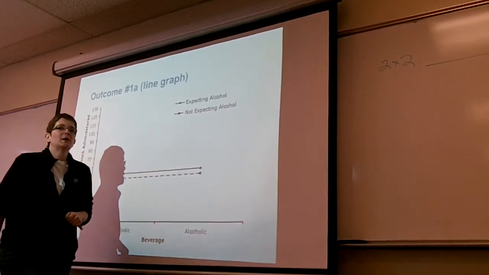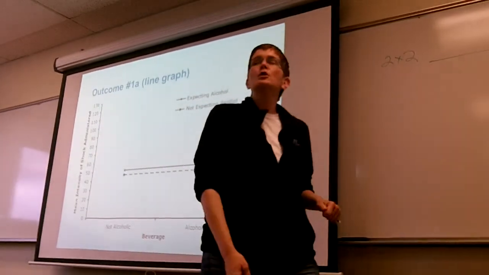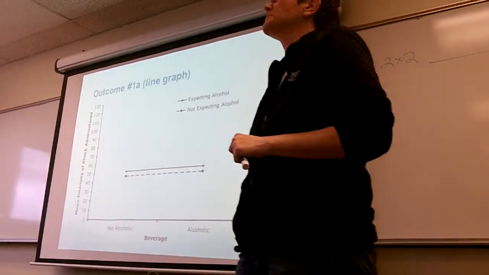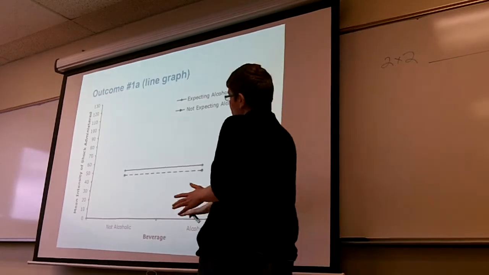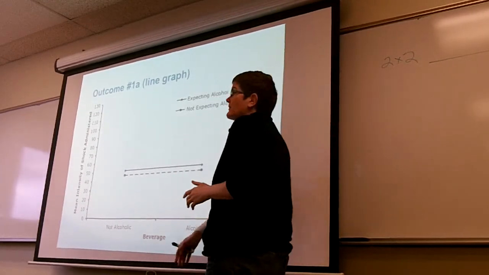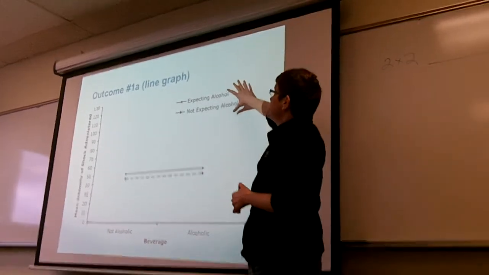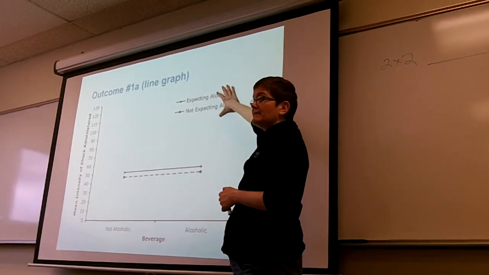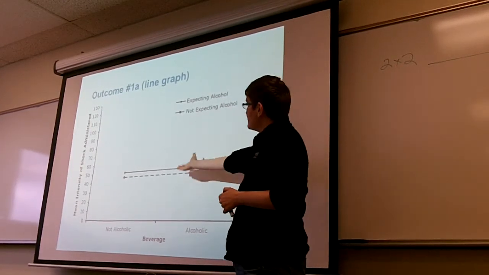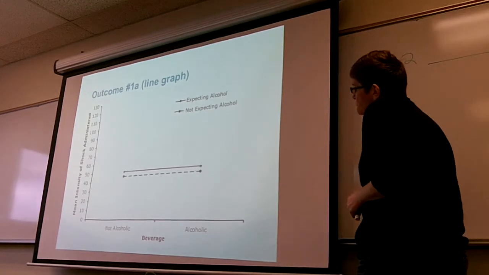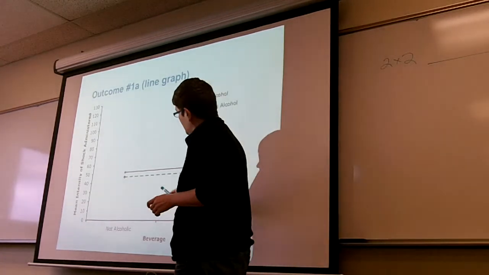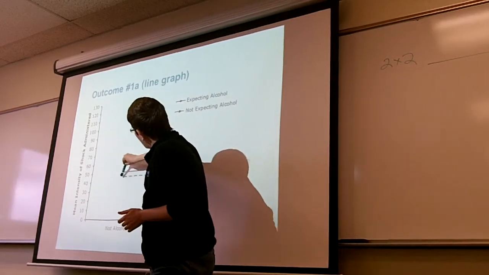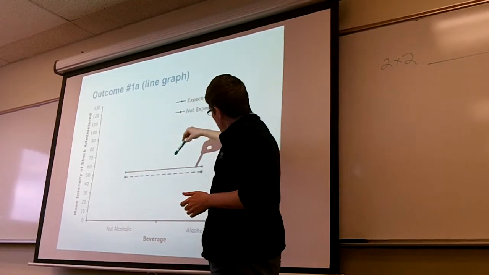Here is one possible outcome. Okay, here's a line graph. One possible outcome for this result. We've got beverage, first IV, down here on the x-axis. We've got expectation, the second IV, up here in the legend. And now I've graphed the data here in a line graph for you. And you can see that the no alcohol not expecting group dot is here.